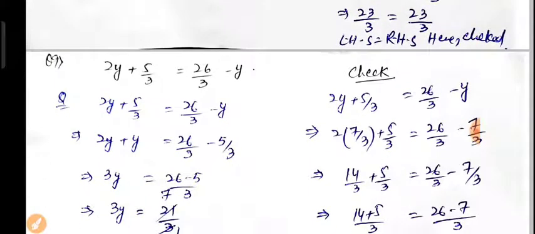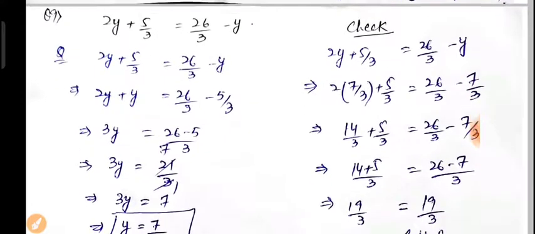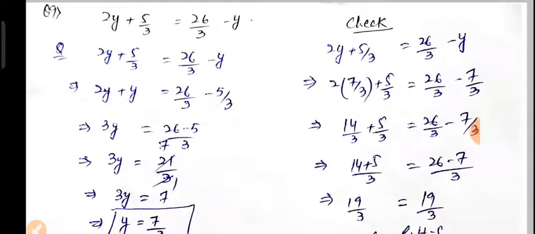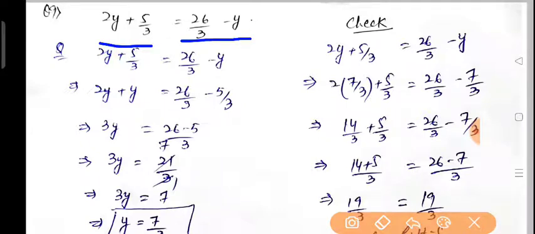Then my dear students, moving on to question number 9. The question is 2y plus 5 by 3 is equal to 26 by 3 minus y. So in the solution, we first copy our question, as displayed on your screen.